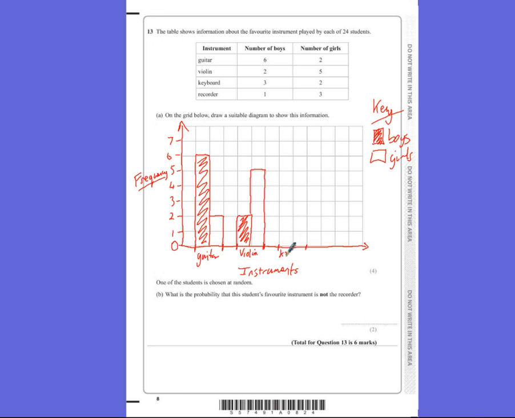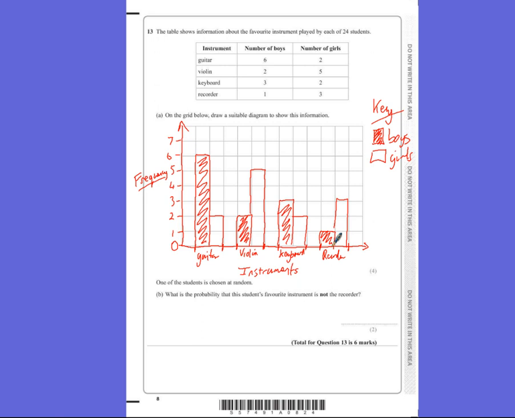So for keyboard, the boys are at 3, and the girls are at 2. And finally, recorder, leaving a space, and then going to there. Boys are at 1, and the girls are at 3. So again, colouring in the boys one.